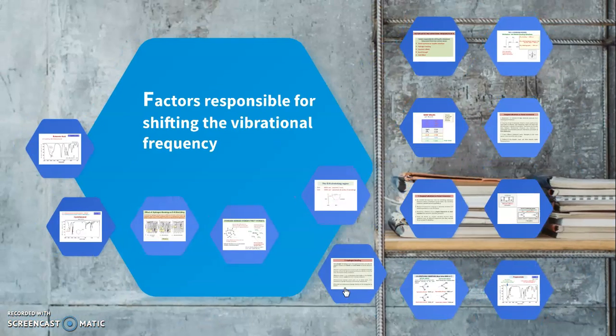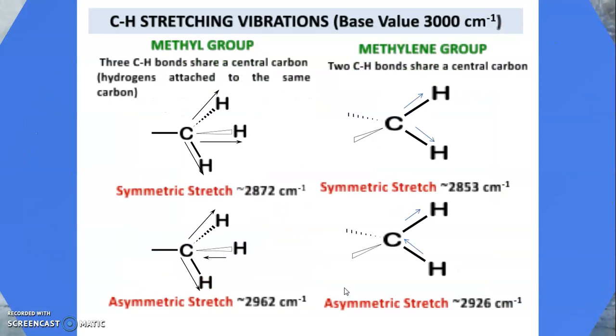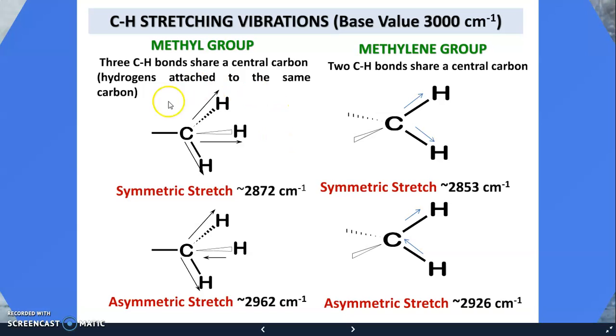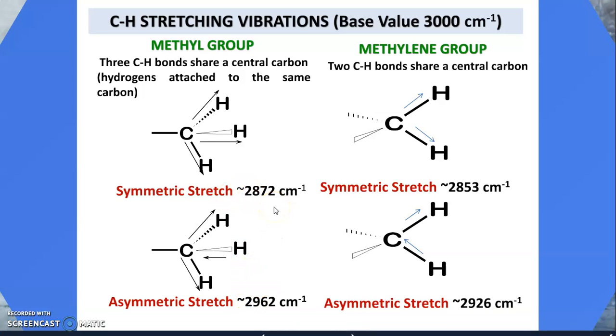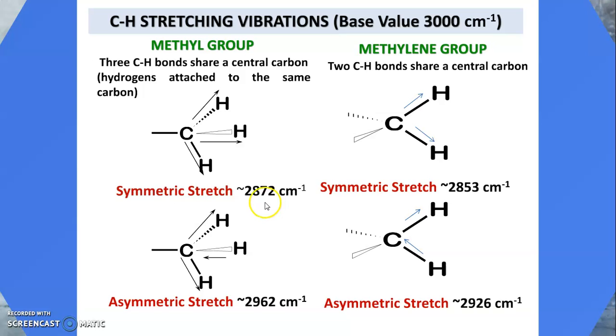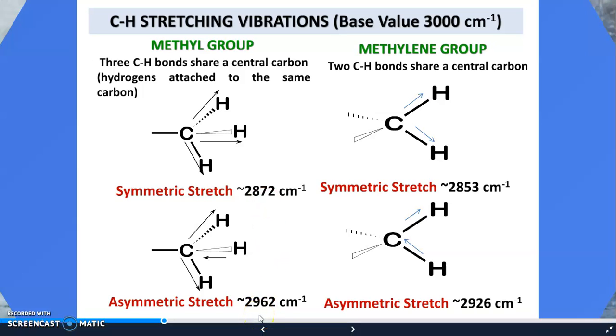Now next, we can see examples of CH stretching vibration, which has the basic value of 3000 centimeter inverse. Here in the methyl group, stretching vibration takes place symmetric and here asymmetric. If you see, there is a difference in the frequencies or wave numbers. Symmetric vibration will give a lower frequency and asymmetric stretching will give somewhat higher frequency or wave number.